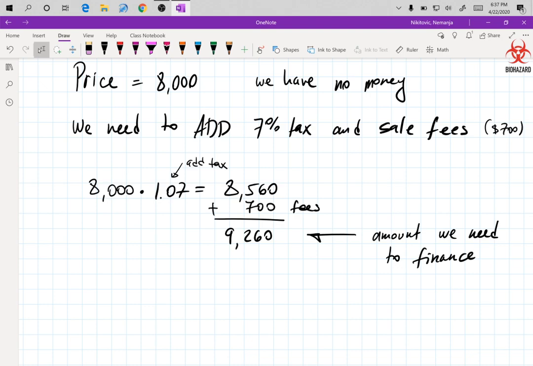And depending on your credit score, your percent could be anywhere from 4%, let's say, and if you have a bad credit score, it can be 11, 12%, right? Depending on what your credit score is. Now, credit score is obtained and calculated when you are using and making payments on your credit cards.